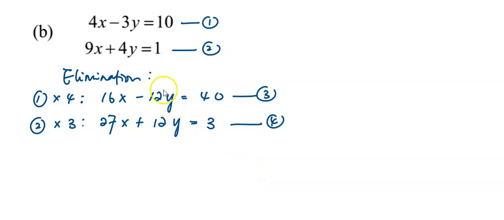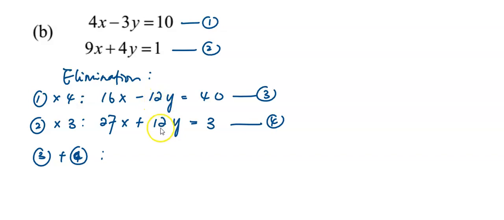Now you can see that the coefficient of y in equation 3 is negative 12, and the coefficient of y in equation 4 is 12. So now we can take equation 3 plus equation 4.